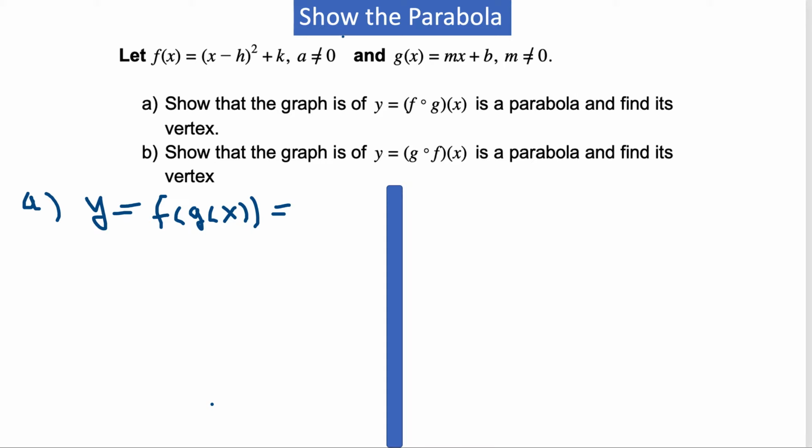Now for the function f of x, I write y, because y represents the composition function, and instead of the x I leave some space to plug in the linear function, mx plus b. So I write mx plus b here, all in a square, plus k.